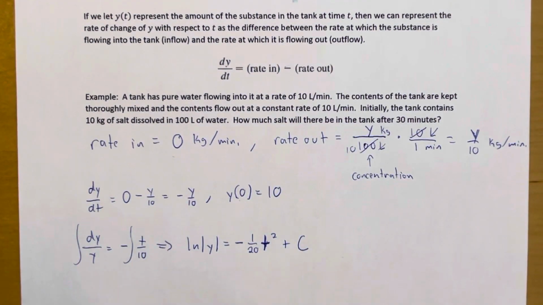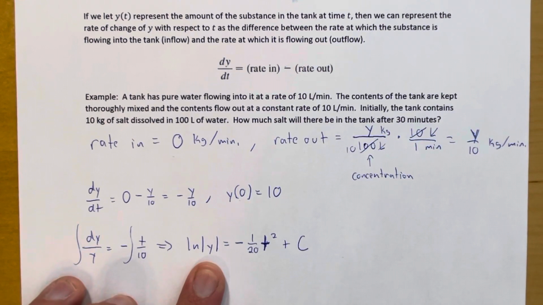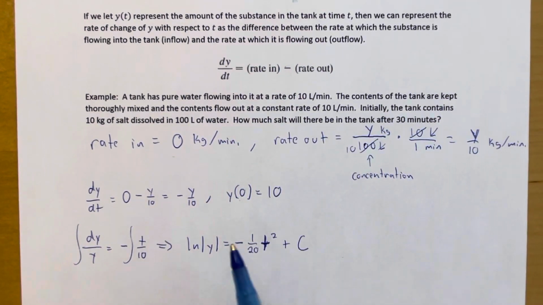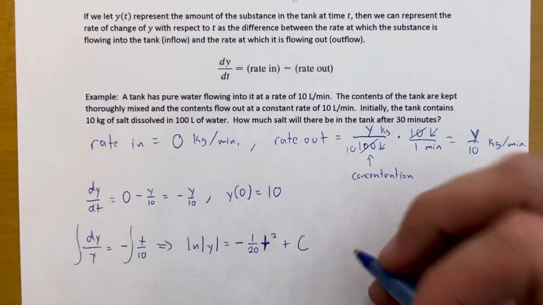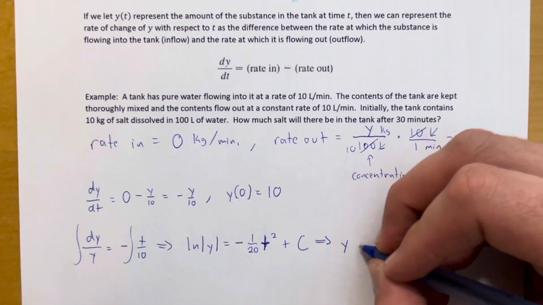Okay. And we can do a few things to simplify this. First of all, the absolute value here is going to be unnecessary. The reason for that is because y represents something that can only be positive. It represents the amount of salt in the tank. So there's never a case where the absolute value is going to be needed. We can get rid of it, and then we can take e to the power of both sides to get y by itself.